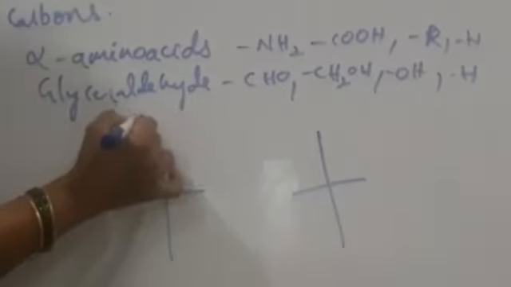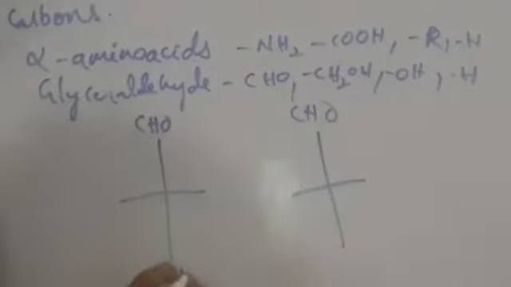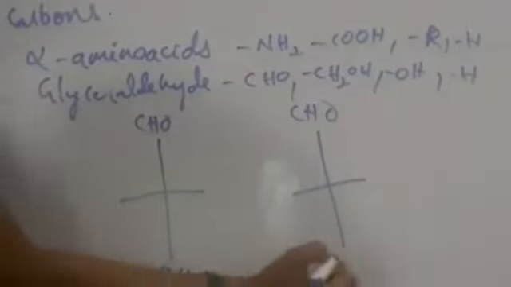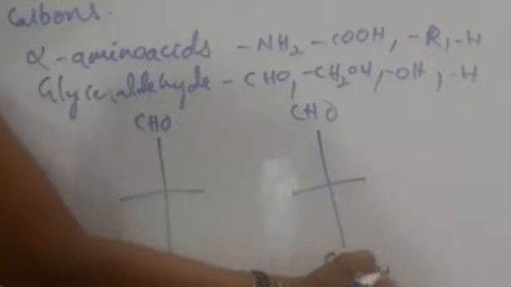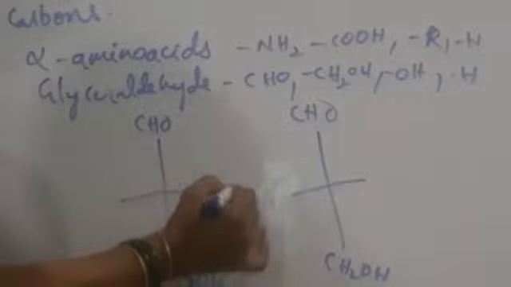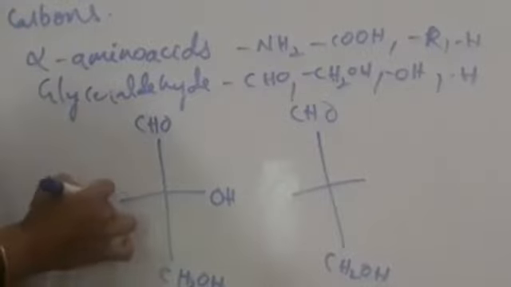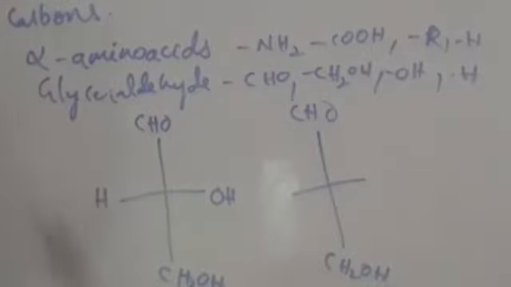So in glyceraldehyde, always the CHO group is at the top and CH2OH at the bottom. If the OH group is present at the right hand side and hydrogen at the left hand side, this is called D-glyceraldehyde, D plus glyceraldehyde.